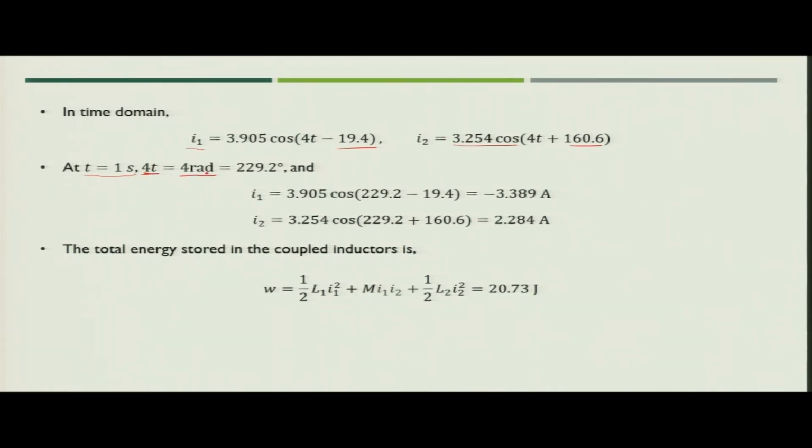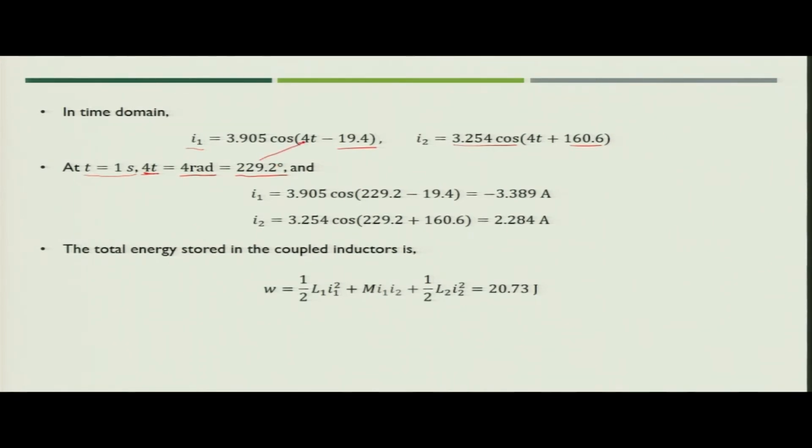So, you get the angle as 4 radian. This 4 radian we need to convert it into degree. So, if you convert 4 radian into degree, you have to just multiply by 180 degree divided by pi. So, when you simplify, you get angle, that is instantaneous angle at t is equal to 1 as 229.2 degree.